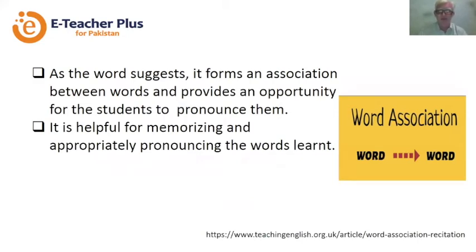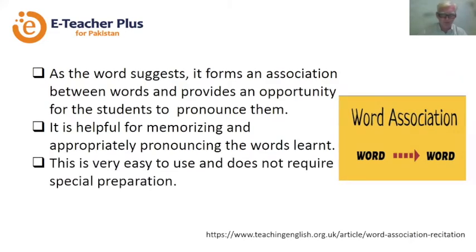As I said earlier, vocabulary activities should focus not only on reading and writing skills, but should also provide an opportunity for speaking and listening skills. So this is going to be very helpful for making the students aware of some speaking skills.